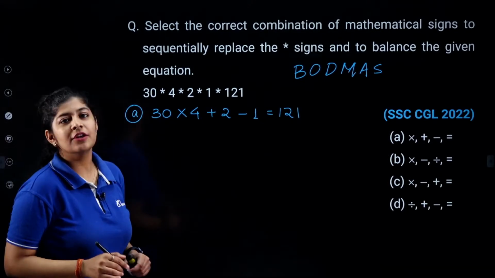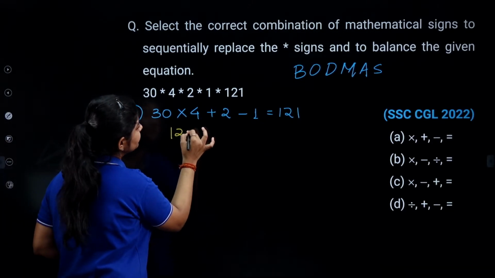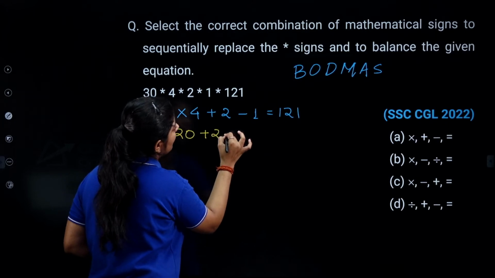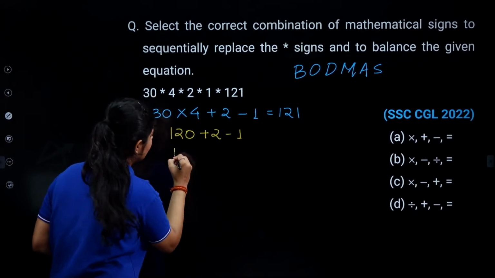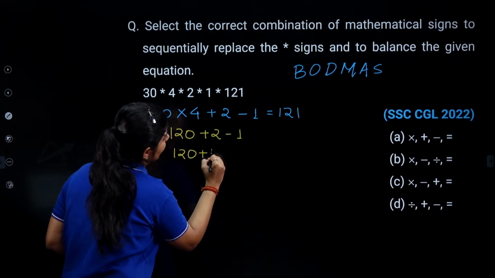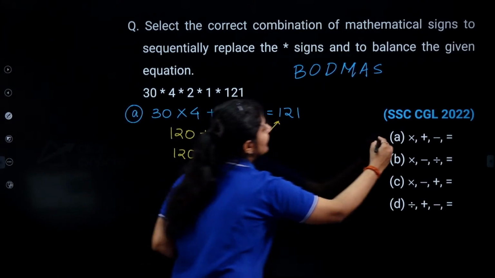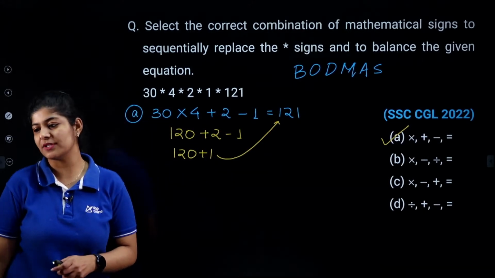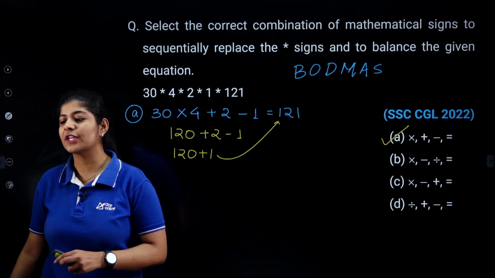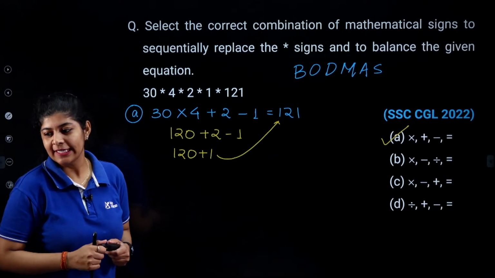So 30 into 4, 120, plus 2 minus 1. Ultimately what we are getting, 120 plus 1, and luckily we are getting the answer, and the correct answer is option number A. There is no need to check the rest of the options.